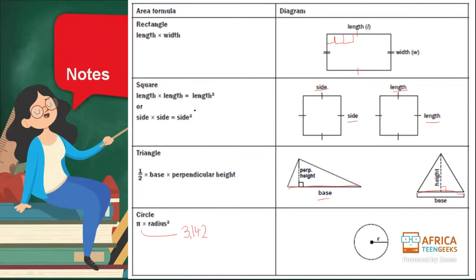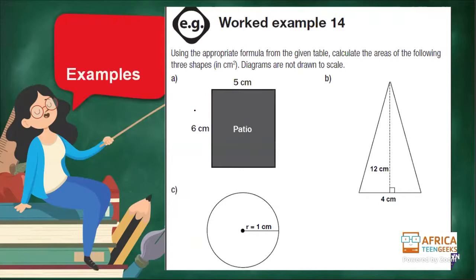So let's look at examples on how to apply the different formulae we've looked at. This example is taken from the study guide called MetaHelp. The link to download the study guide I'll give you towards the end of this lesson.